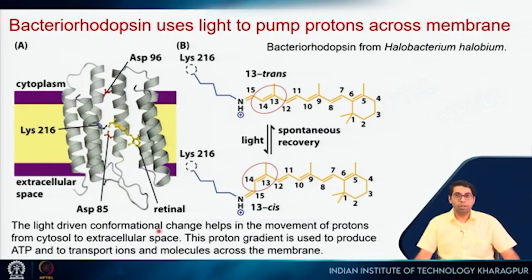So light driven conformational change helps in the movement of protons from the cytosol to the extracellular space, and this proton gradient is used to produce ATP and to transport ions and molecules across the membrane. So it uses light energy to establish this proton gradient and then uses this energy to perform other tasks like production of ATP. So this is the membrane protein, transmembrane protein.